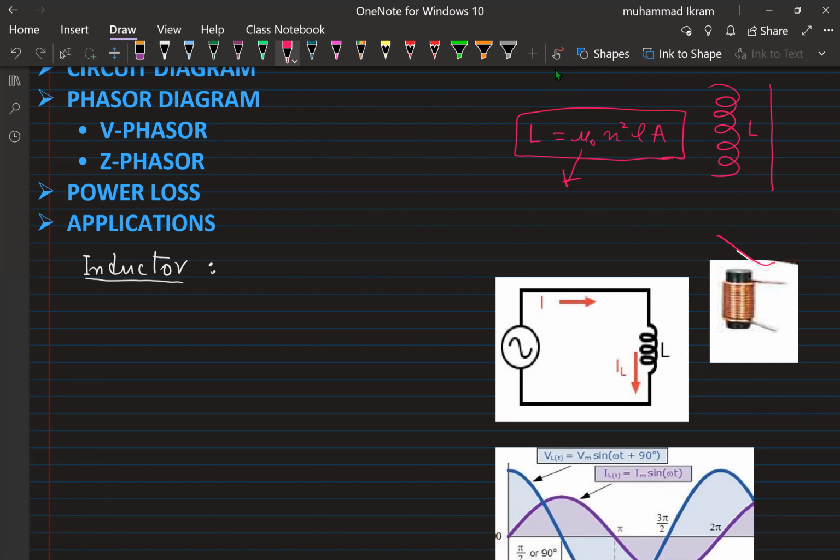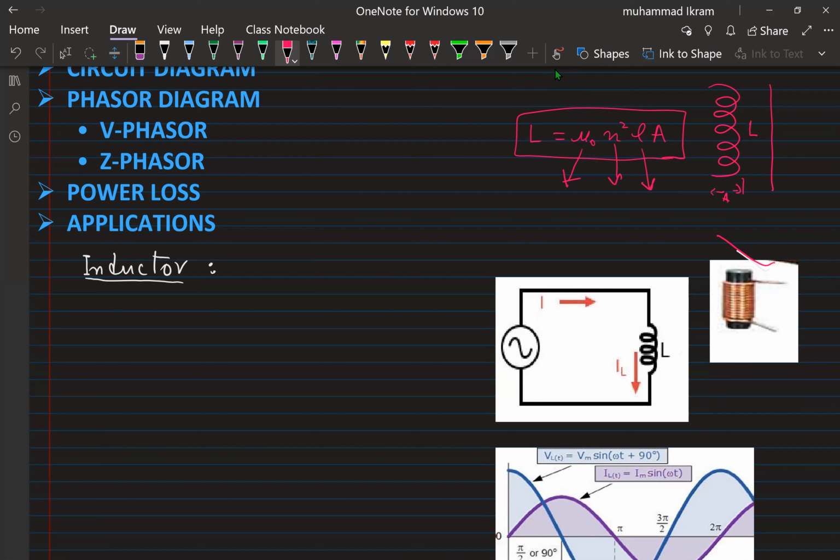Mu naught is the permeability of free space, n is the number of turns per unit length, L is the length of the conductor, and A is its area of cross section, as you see here. And I already told you in the previous lectures that inductance is measured in Henry.